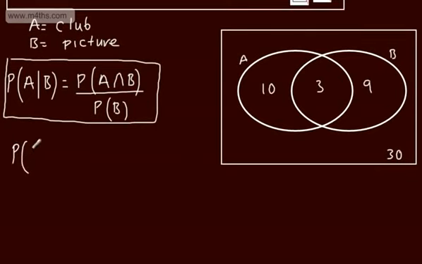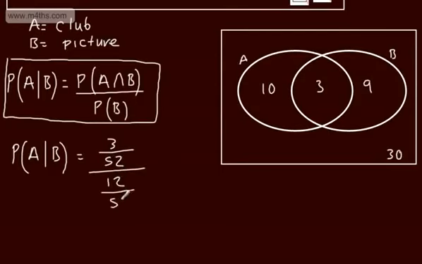So the probability that I get A, which is a club, given that it's also a picture card, is going to be the probability of A intersection B, which is 3 of the 52 cards, divided by the probability of B, which is 12 of 52 cards.